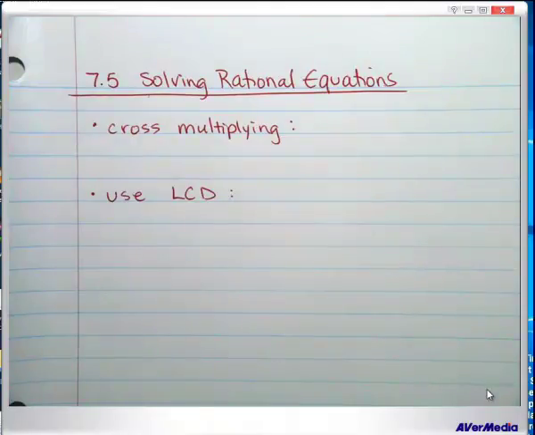And I would say the first one, cross multiplying, is going to happen maybe 1/6 of the time, so not that often, but it's still an important concept to teach and to be able to use because it's quick and efficient. And then using a least common denominator will be a good chunk of what we spend our time on, because using a least common denominator will work for pretty much every rational equation that you need to solve.